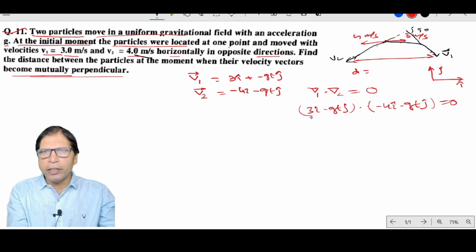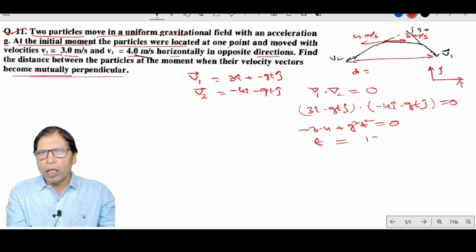So i dot i gives minus 3 into 4 plus g square t square equals 0. Therefore t equals root under 12 by g square, that is 1 by g into root under 12.